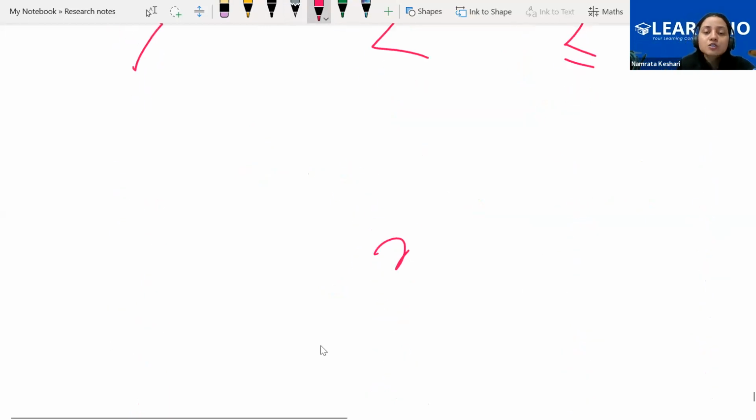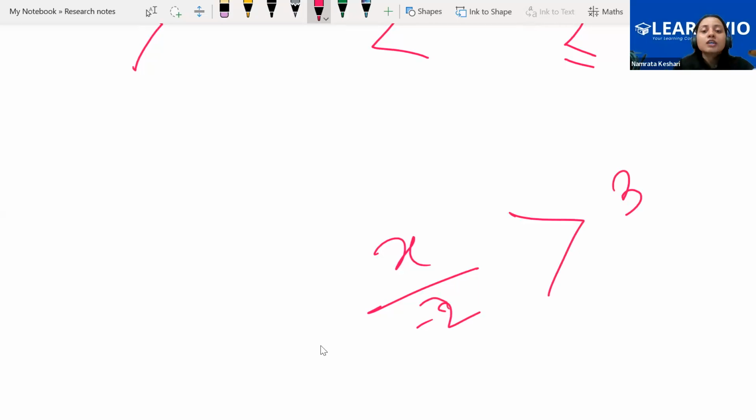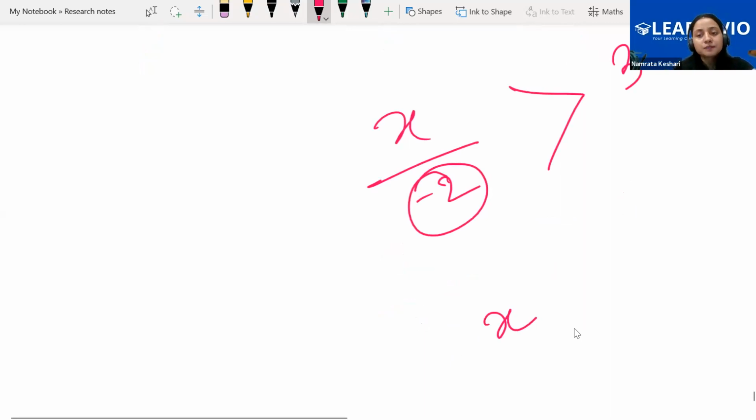Suppose we have x by minus 2 bigger than 3. If you shift this minus 2 to the other side, can you tell me what we are going to have? This minus 2 will be in multiplication on the other side, yes or no?